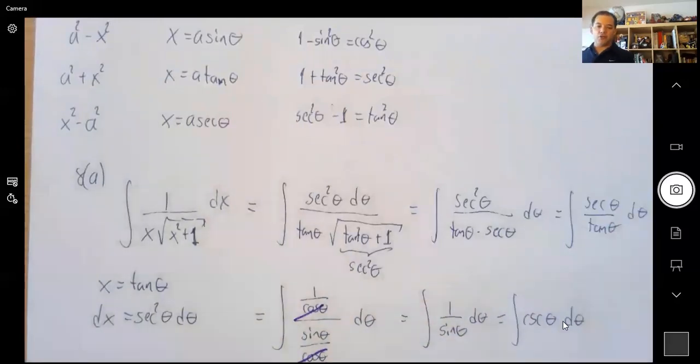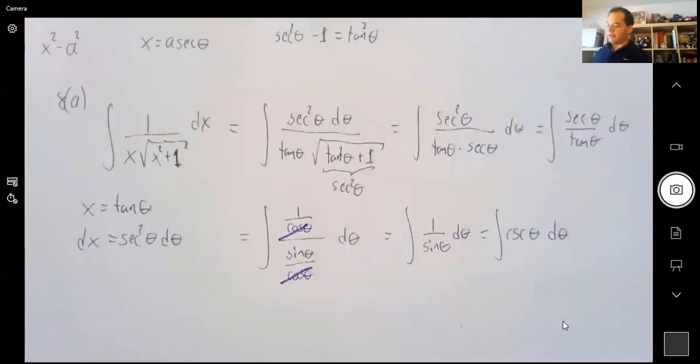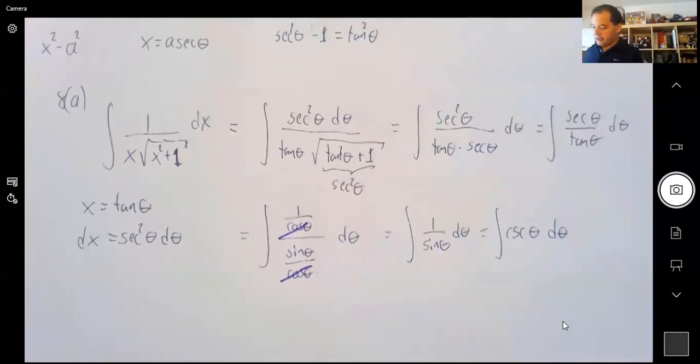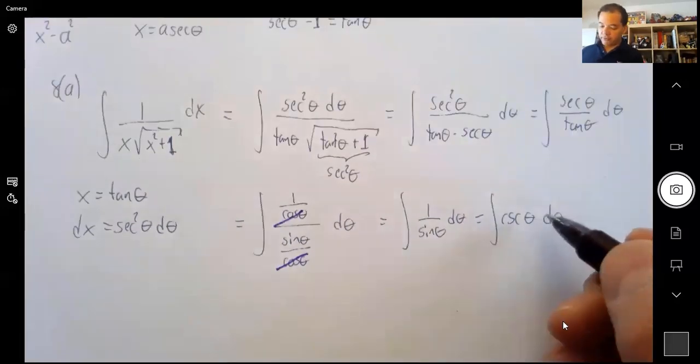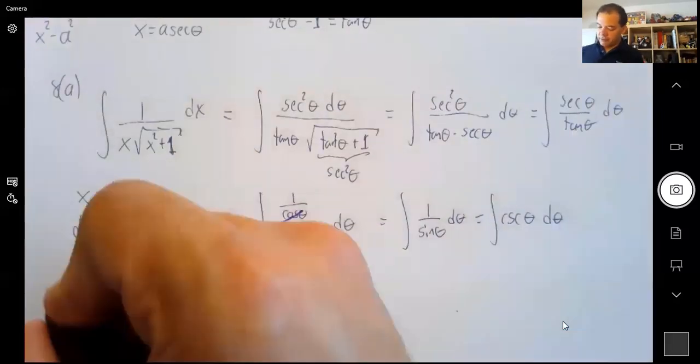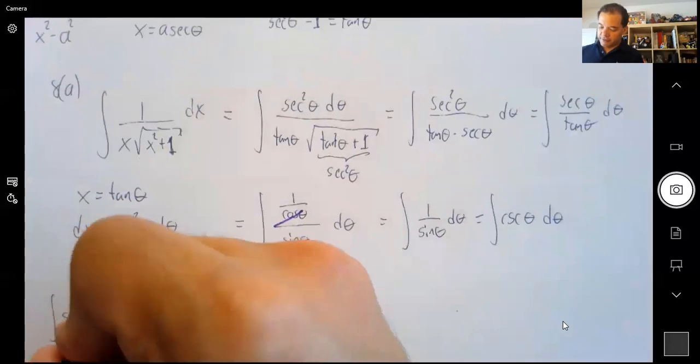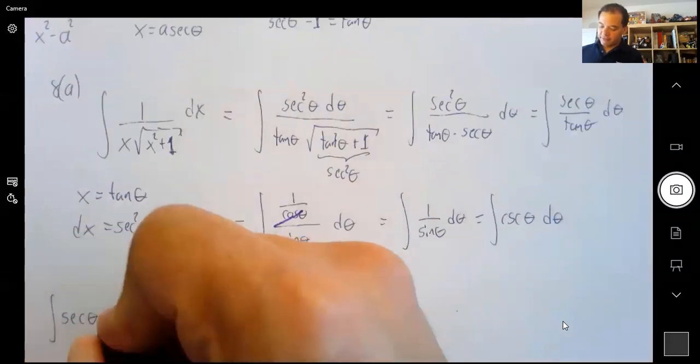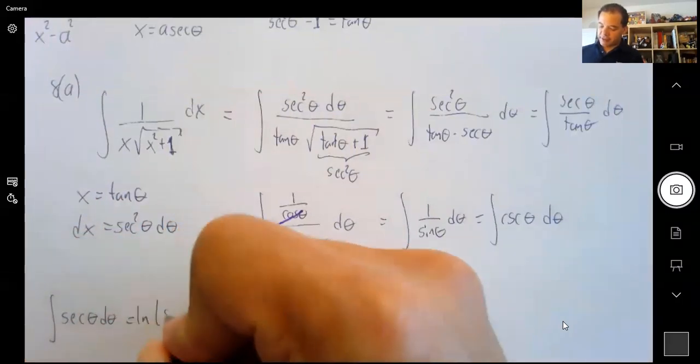And this is one you should know, right? So there were some special ones that we had to know. One of them is secant and the other is cosecant. So let me write it here. The important ones: the integral of secant is ln of secant plus tangent.